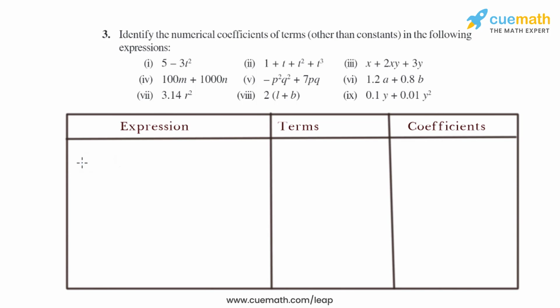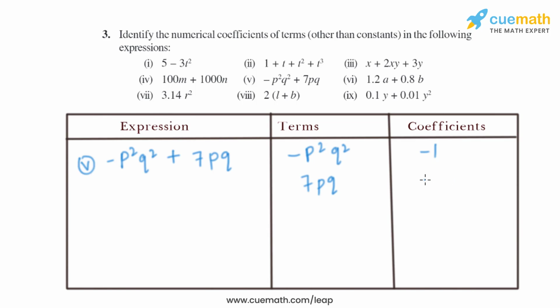The expression that is given in the fifth part is minus p square q square plus 7pq. So the terms are minus p square q square and 7pq. So p and q are variables. So the coefficient of minus p square q square will be minus 1.